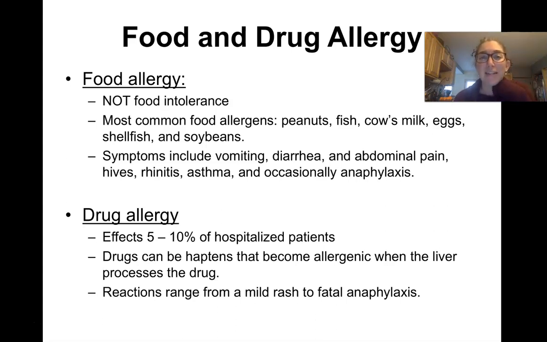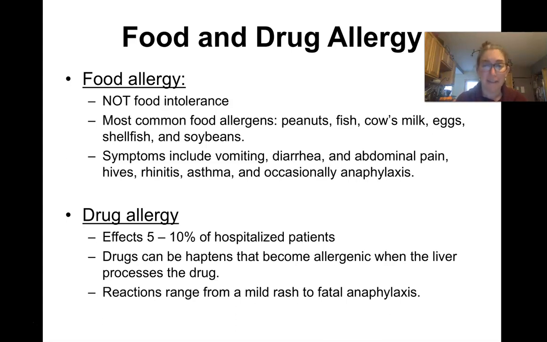There are lots of foods that tend to be common allergens: peanuts and fish are two really common ones. But I've heard of people who are allergic to all kinds of things. The symptoms can range from abdominal pain, cramping and vomiting that may look something like an intolerance but aren't, or it can cause a rash and hives, swelling of the mouth and tongue and throat, or in some cases can even cause anaphylaxis.